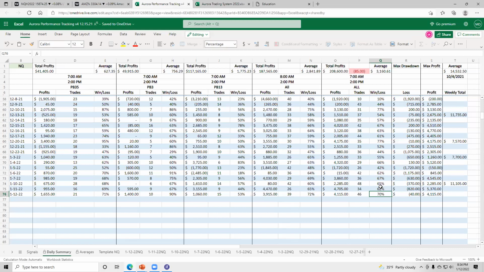And we're proving that. You can scan here and look at the win-loss ratios. We're in the mid-60s. Yesterday, we were at 62% win-loss ratio, but the system produced $4,700 of profit. So for me, Zach, the win-loss ratio is irrelevant.